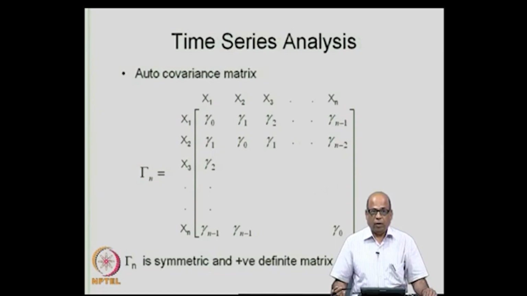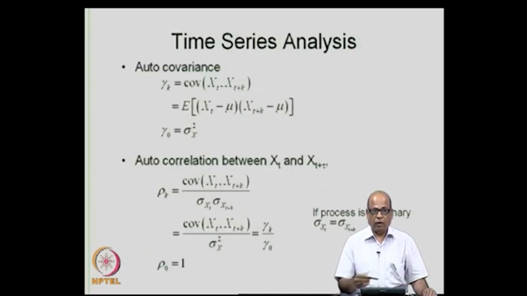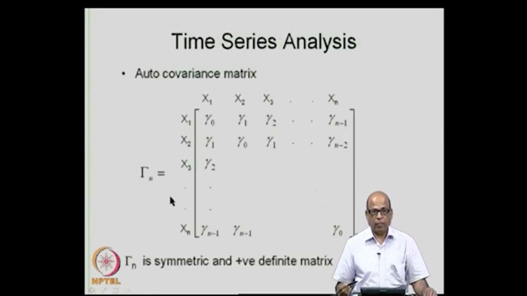Having defined the autocovariance gamma k and autocorrelation rho k, we now formulate the two important matrices, the autocovariance matrix and the autocorrelation matrix, by varying k. So, we talk about the autocovariance matrix for various values of k. Similarly, the autocorrelation matrix for various values of k.